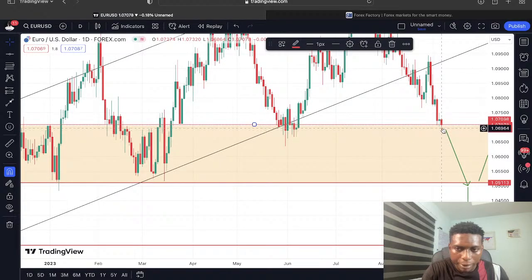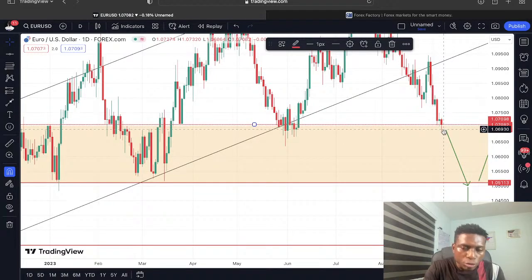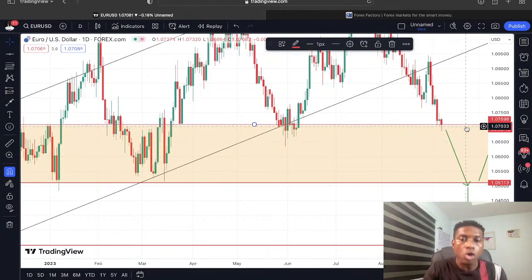Okay, a minor support zone, and of course we can see that there has been a little rejection. Okay, because this minor support zone seems to have buy pressure, a bit of buy pressure, and of course we can see that in today's market there has been a wick towards the downside. Okay, indicating a buy pressure coming in from this minor support zone.